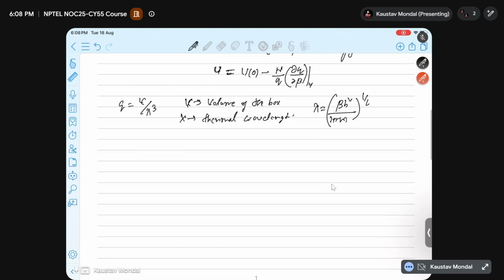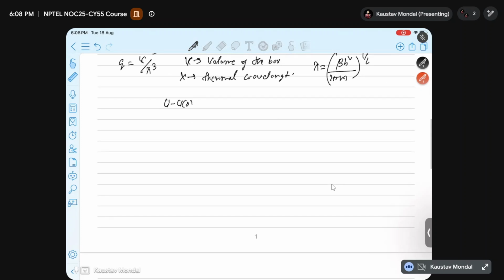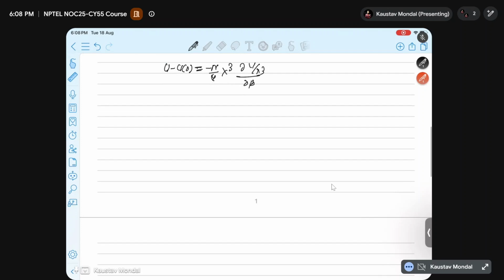If you substitute that expression of Q here, you will get U minus U0 equal to minus N by (V by lambda cubed) times del of (V by lambda cubed) by del beta. If we do this calculation of the derivative, you will get U minus U0 equal to 3N by 2 beta.